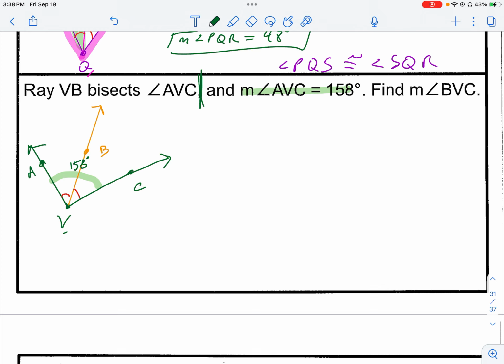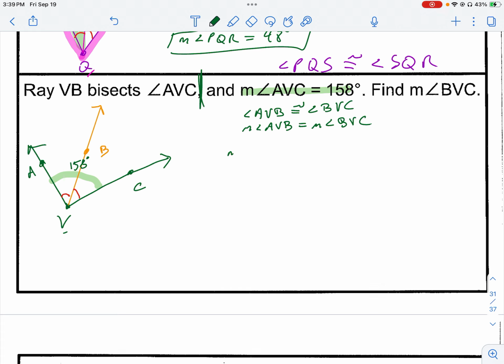So what do I know? I know that angle AVB is congruent to angle BVC, so therefore the measure of angle AVB equals the measure of angle BVC. They're equal.